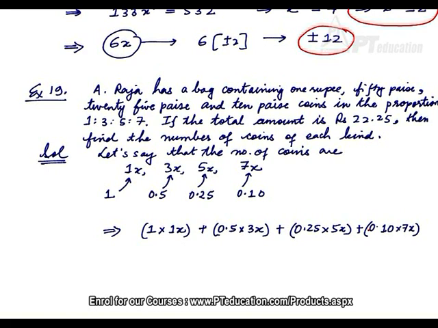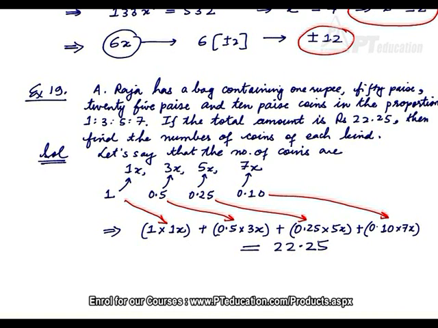This represents the individual values of these sets of coins. 1 into 1x, value of 1 rupee coins. 0.5 into 3x, value of 50 paise coins. 0.25 into 5x, value of 25 paise coins. And 0.10 into 7x, value of the 10 paise coins. But all of this should add up to the total money in the bag, which is given to be 22.25. I hope this is very clear.